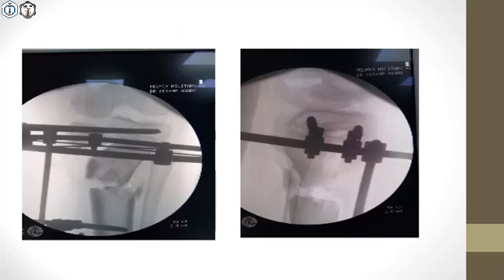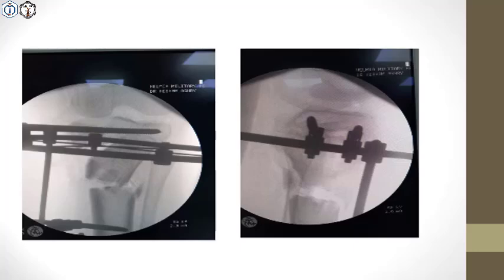On the left-hand side, in the X-ray, we can see the half-threaded pins behind each other, together with the two wires crossing each other, holding the proximal fragment. This is the proximal ring, and the distal ring is holding the diaphyseal segment with a translation to correct the mechanical axis deviation which was there.